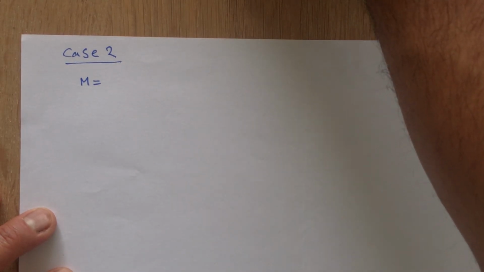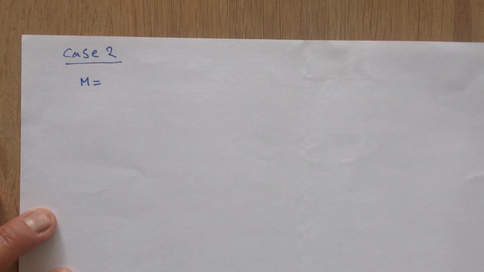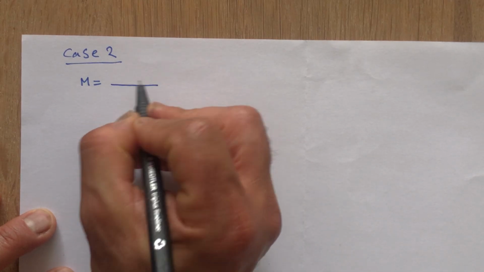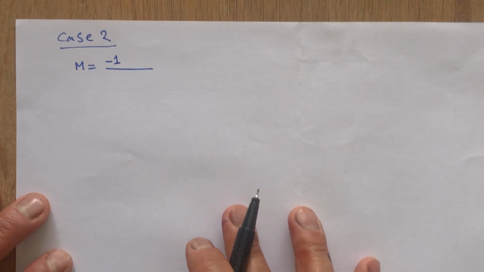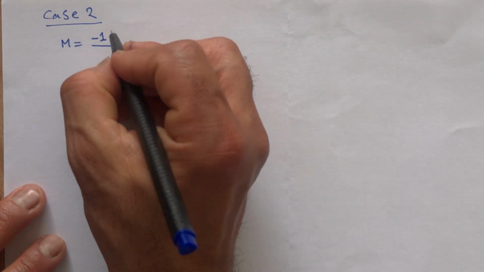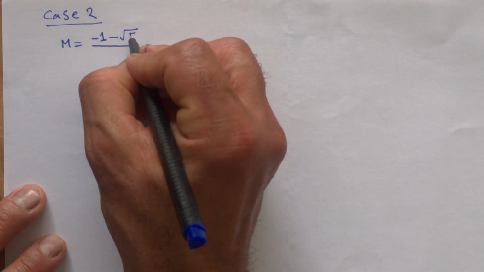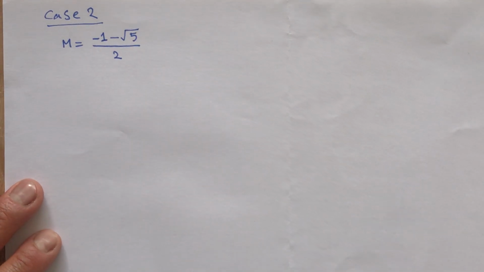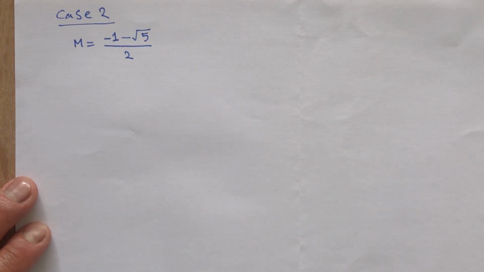For case 2, m is defined as minus 1 minus square root of 5 over 2. Following this, I can find the other two roots.